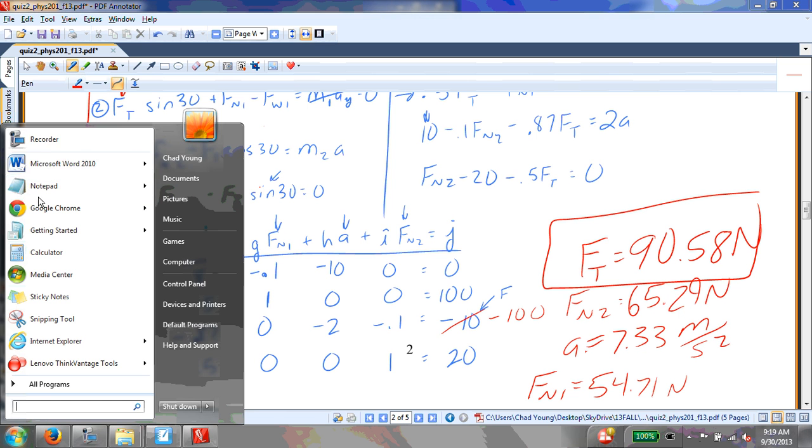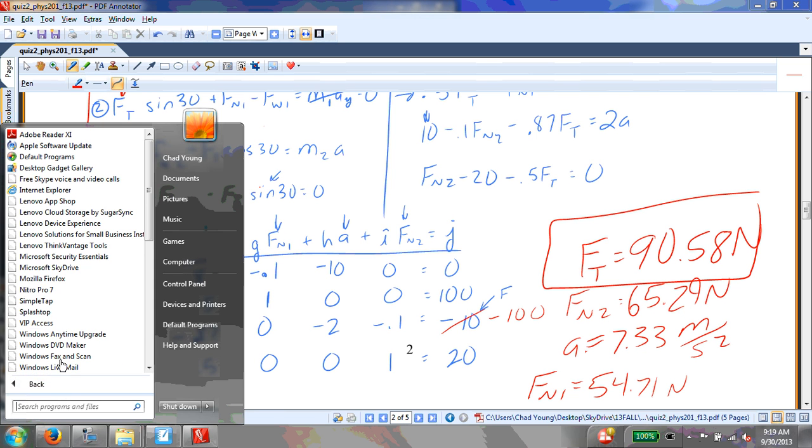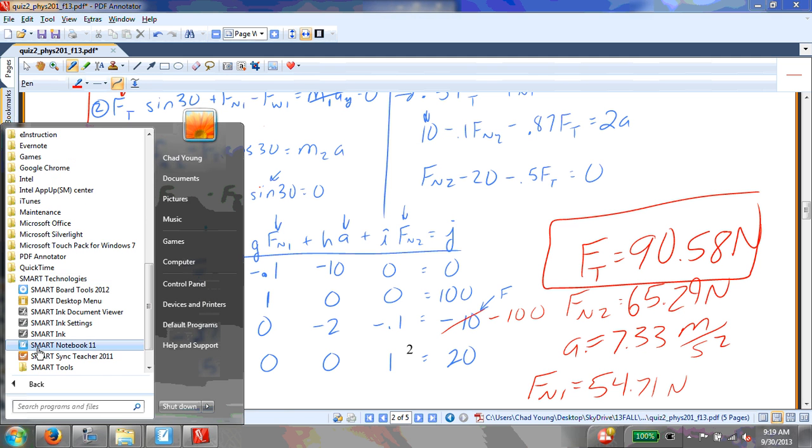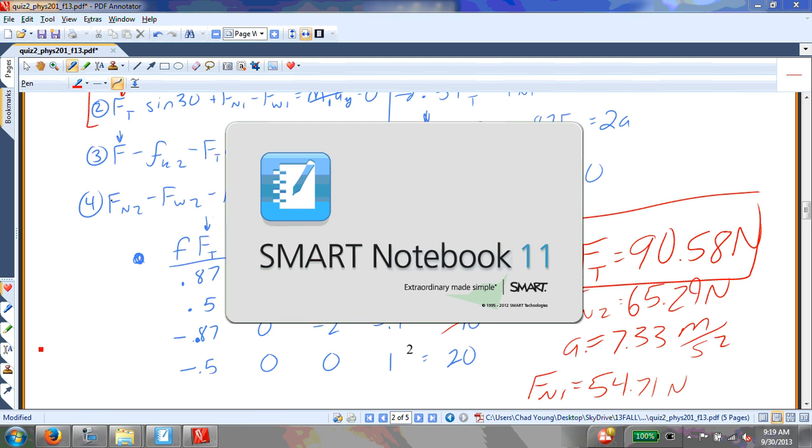I actually gave y'all more space on the actual test. This was an older version. So I have Ft cosine 30 minus Fk1 equals M1A.